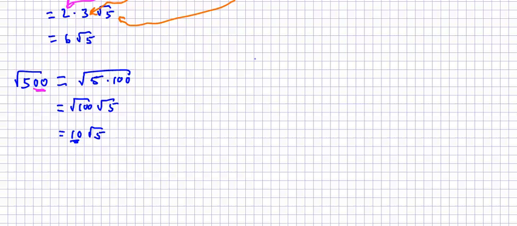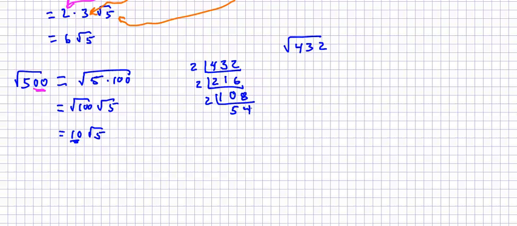All right, let's look at one more, the square root of 432. Ooh, that's kind of beastly. 432. 2 goes in there 216 times. 2 goes in there 108 times. 2 goes in there 54 times.